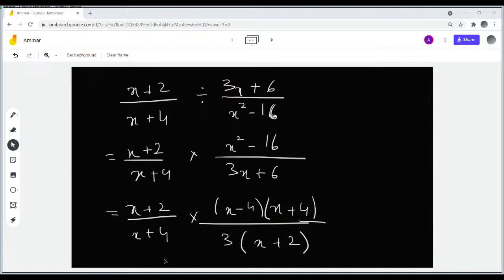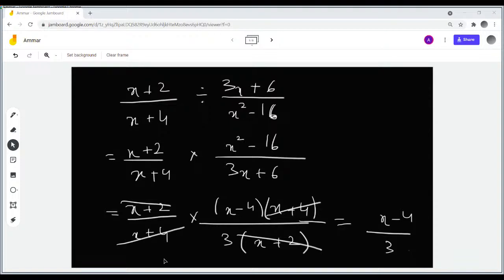So x plus 2 cancels x plus 2, x plus 4 cancels x plus 4. What I'm left with is x minus 4 over 3. This is the answer for this one. Make sense? Okay.